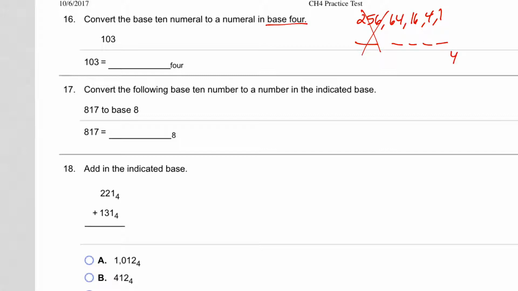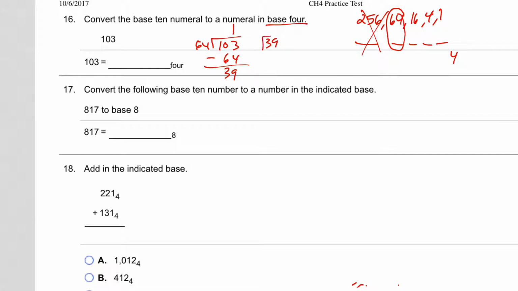Okay. So I'm going to repeat our division, starting with the highest. To get this place value, we need a 64. How many 64s are there in 103? And I'm pretty sure you know that's only 1. Then you subtract. Okay, so 103 minus 64 is 39.